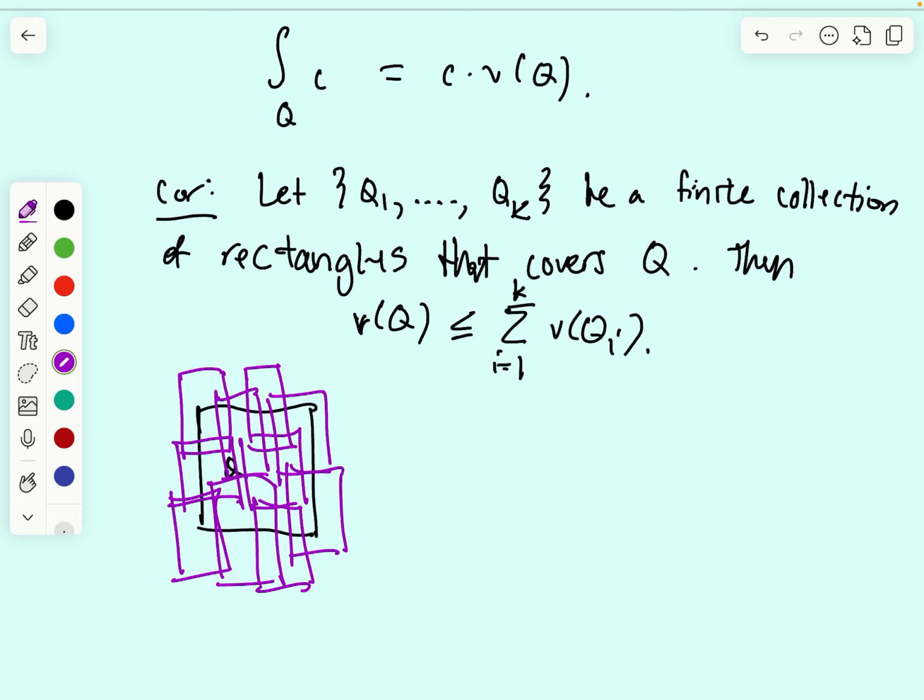Then you can take a common refinement, and when you find the volume of Q, that's just going to be the sum of the areas of those rectangles, and that'll be less than or equal to the sum of the volumes of the rectangles Qi.